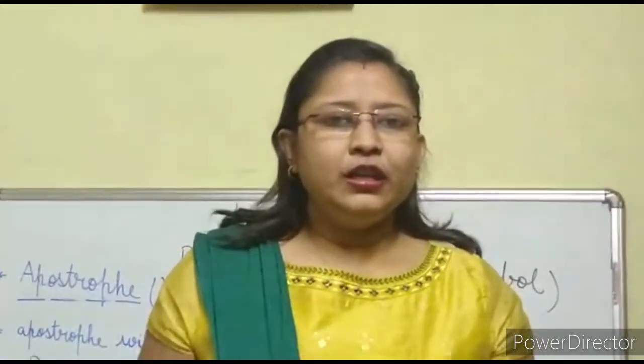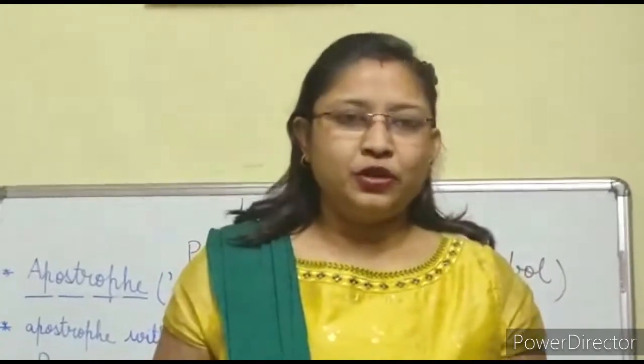Students, today we will be doing grammar, that is chapter 10 punctuation. Although I have explained some of the punctuation marks in the previous video, today I will be dealing with the topic apostrophe. In the previous video, I taught you how apostrophe is used in the contracted form, that is the short form.